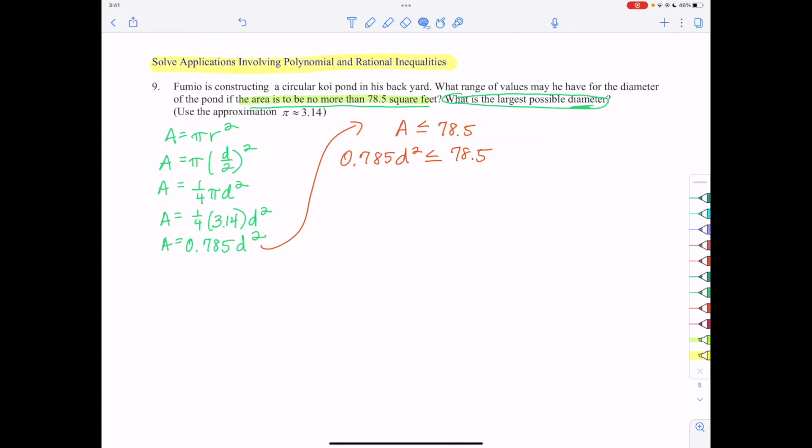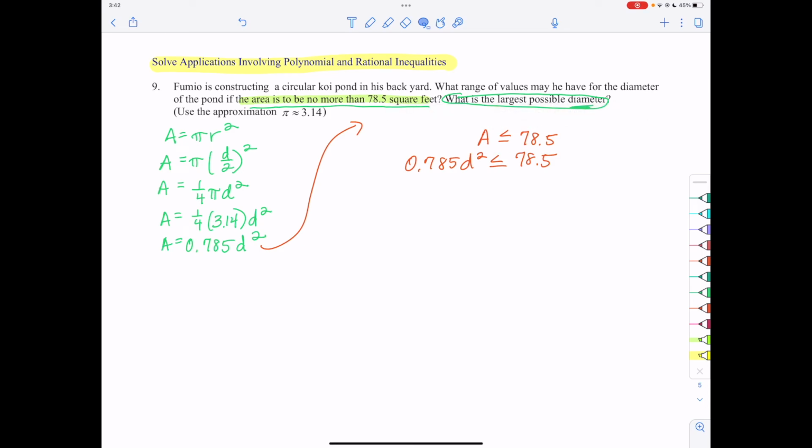Okay, we could factor out a 0.785, and we would have d squared minus... I can do that in the next line. Let's do that in the next line, and I could actually move this over a little bit to give us a little room for our algebra.